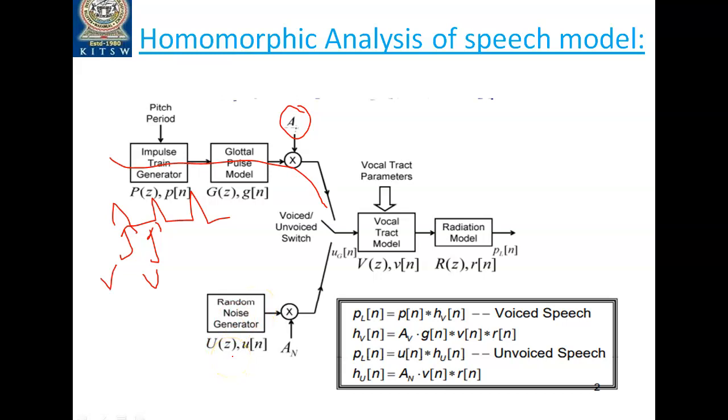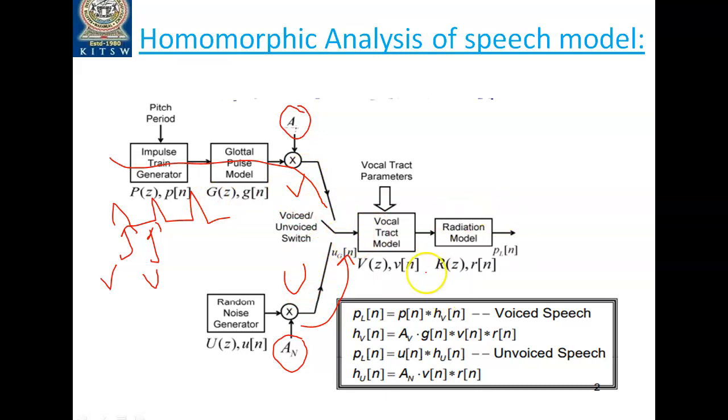It could be white Gaussian noise, or some background noise, such as environmental noise or road noise. The random noise generator is also multiplied with an amplitude gain, and this is the sequence for the unvoiced; the other is the sequence for the voiced flow.